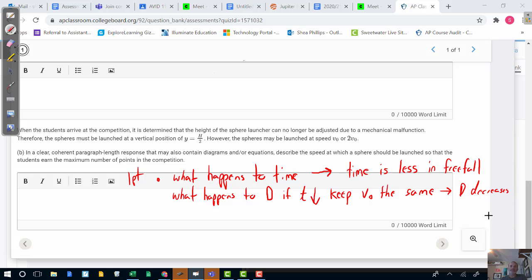You can't hit it because d decreases. So that's actually 1 point. Again, we're scoring points here, and we've just gotten some basic statements down. Okay, so now the next points are a little bit harder.